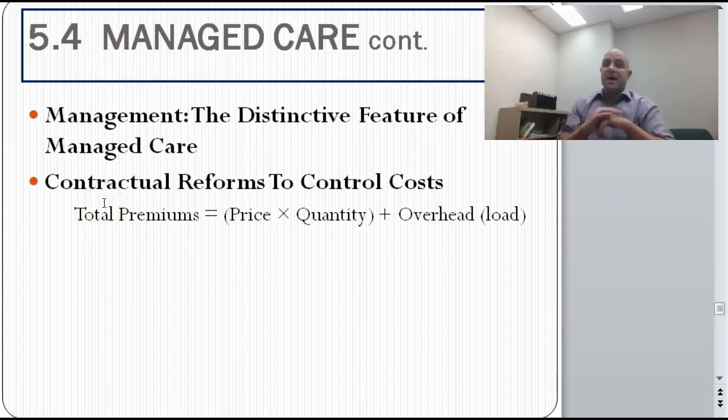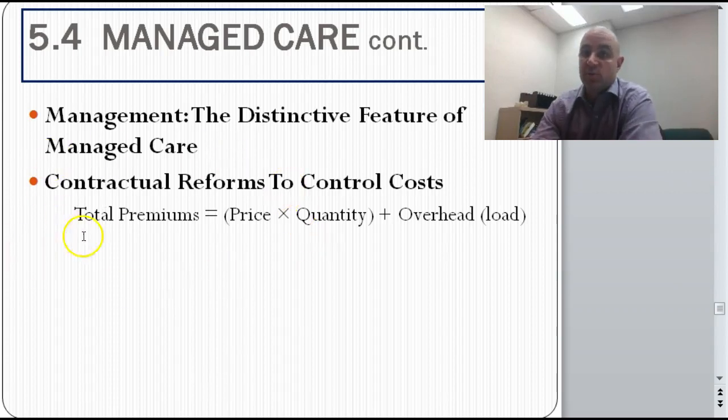So what is the goal of managed care, and what's the goal of the manager? To reduce costs, so that they can be competitive with other insurance companies. When it comes down to it, there are three ways to reduce costs, which lead to lower premiums.